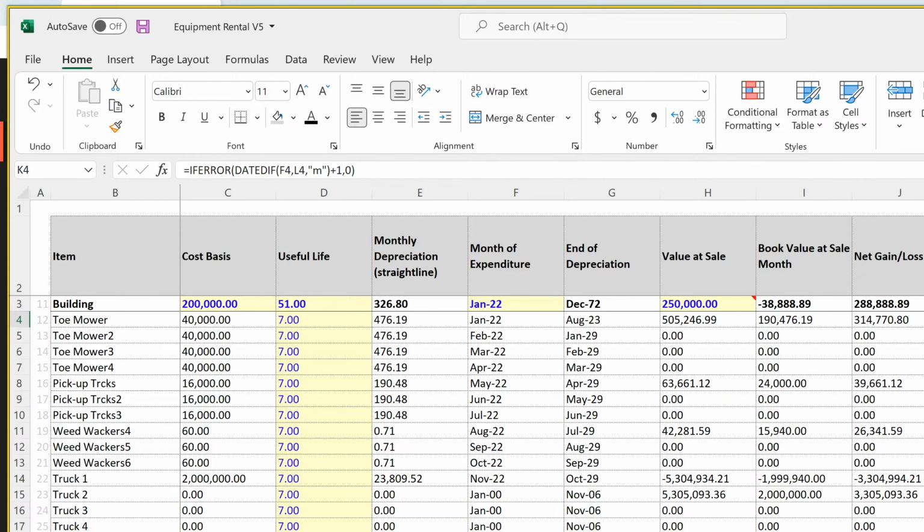So, yeah, I know exactly what's happening here. We've got an issue with the timing and the accumulated depreciation that's happening. So this end month, I did min between the end of depreciation or the terminal value.